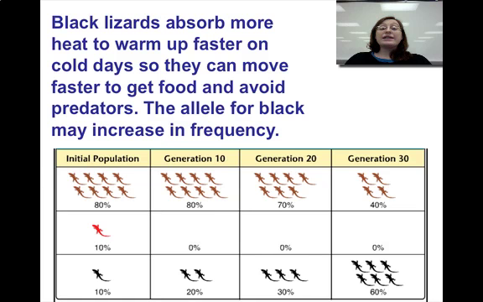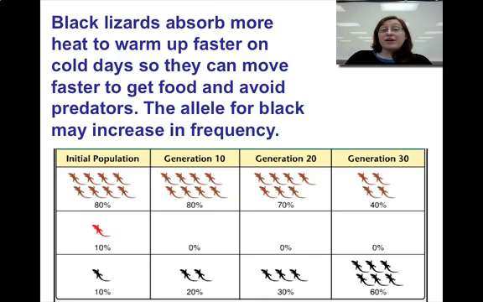Okay? And let's say that the black lizards are able to absorb heat faster. As we know, lizards are cold-blooded. They need to regulate their body temperature. Black lizards can do it faster. Therefore, they're able to process their food and avoid predators more often than any of the other colors.